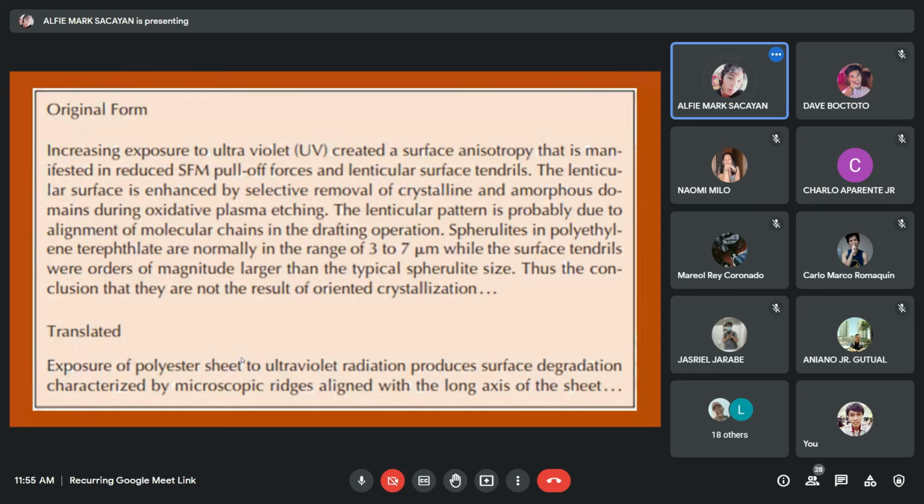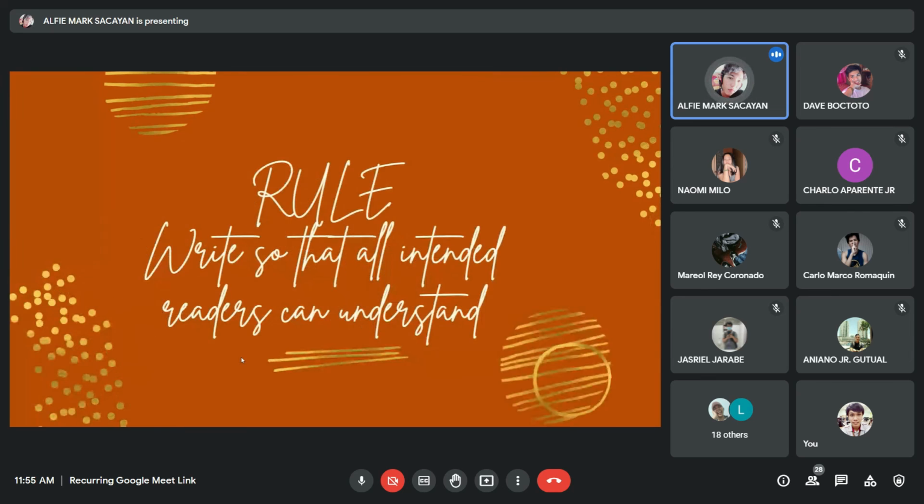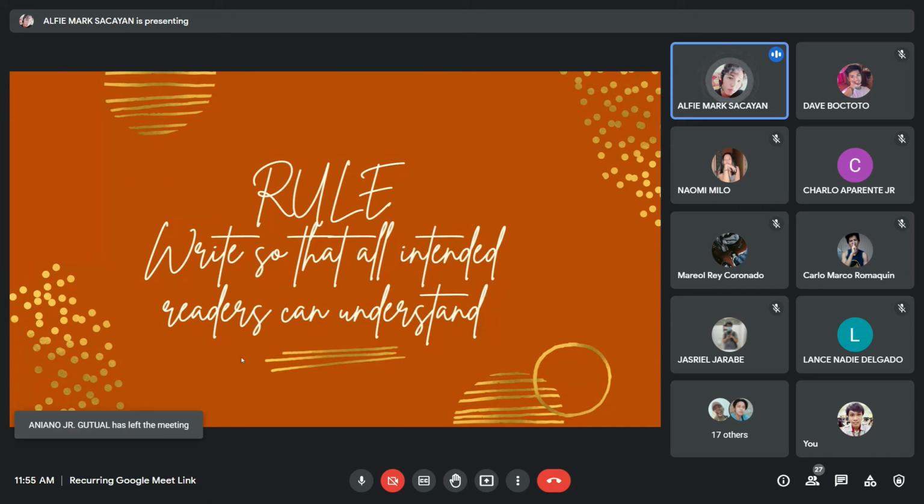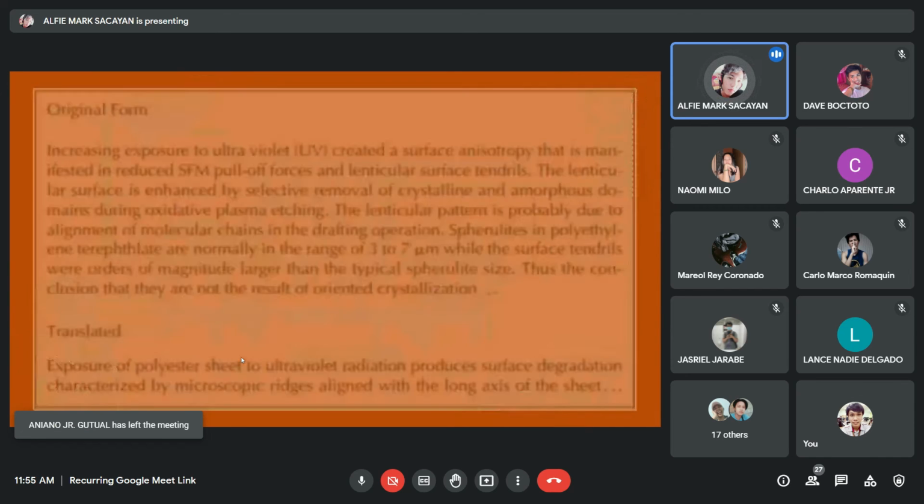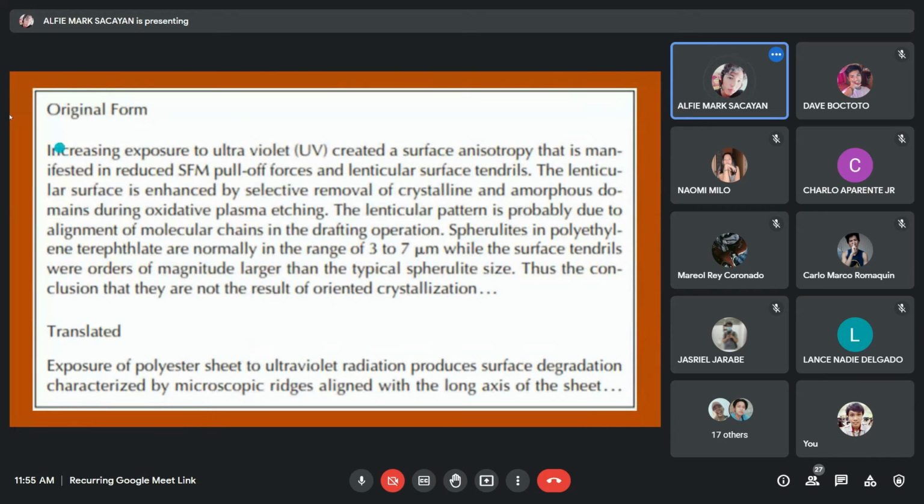Then, so mao siya ang rule nga makuha diha is that write so that all intended readers can understand. So, kay kung mapansin ninyo, gikan sa original formula nga gibuhat para sa mga chemist is that some readers may not understand the documents because taas na kayo ang explanation.